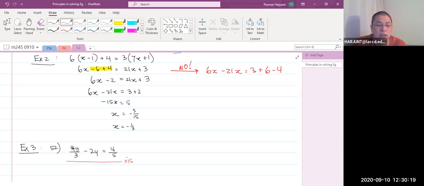Okay, notice that in an equation, as long as you multiply both sides by the same number, you will come up with an equivalent equation.